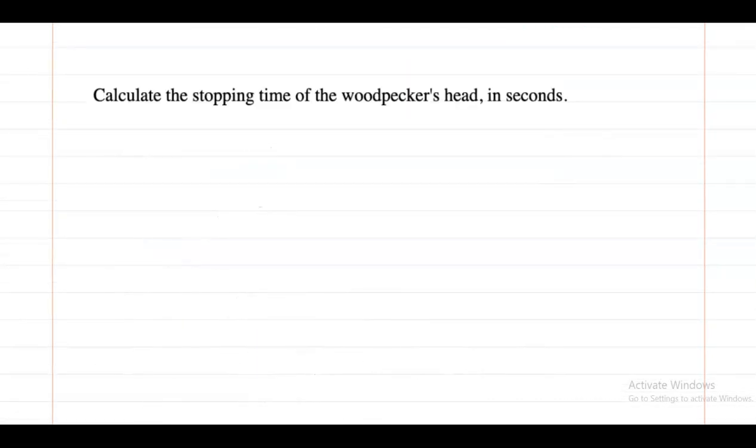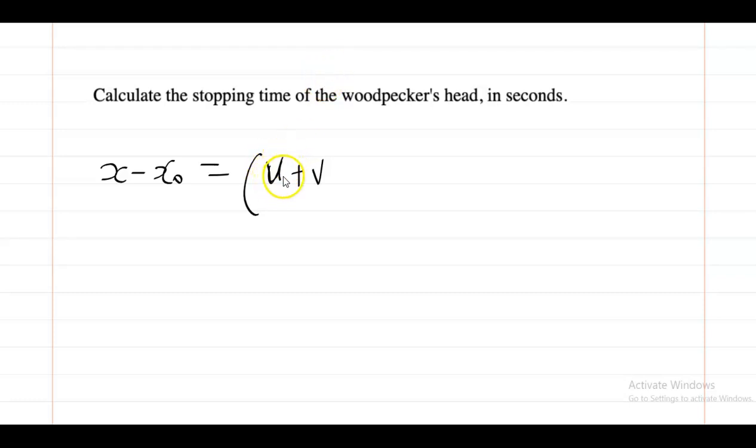Okay, so we need to calculate the stopping time of the woodpecker's head. Okay, so of course we have our parameters, but now we need to find time. So the best formula to use here in this case is going to be x minus x naught equals u plus v. In this case, u is v naught.